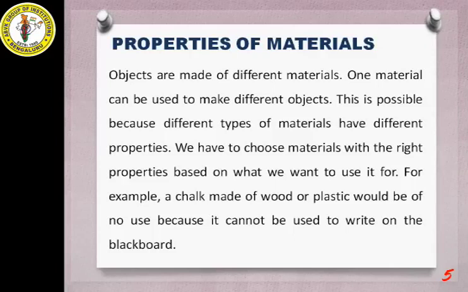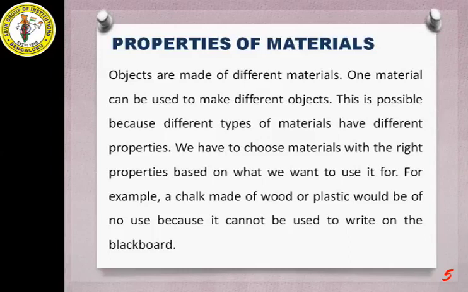I want a strong desk. Can I use paper? Or I want a strong rack. Can I use glass or paper? No. Based on the properties, or the thing you need to do, you need to select the material.